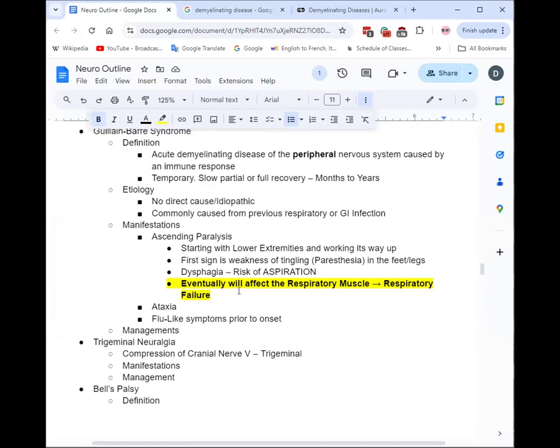What's something you might see or hear that could be an early sign that it's starting to affect the respiratory muscles? So before you get to this stage, instead of going from 10 to 100, what's the in between? What are some things you might see as signs of respiratory impairment?